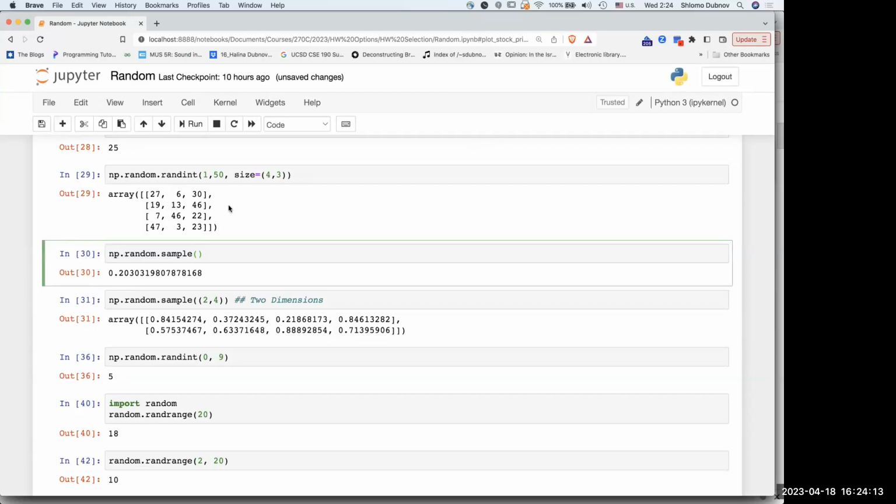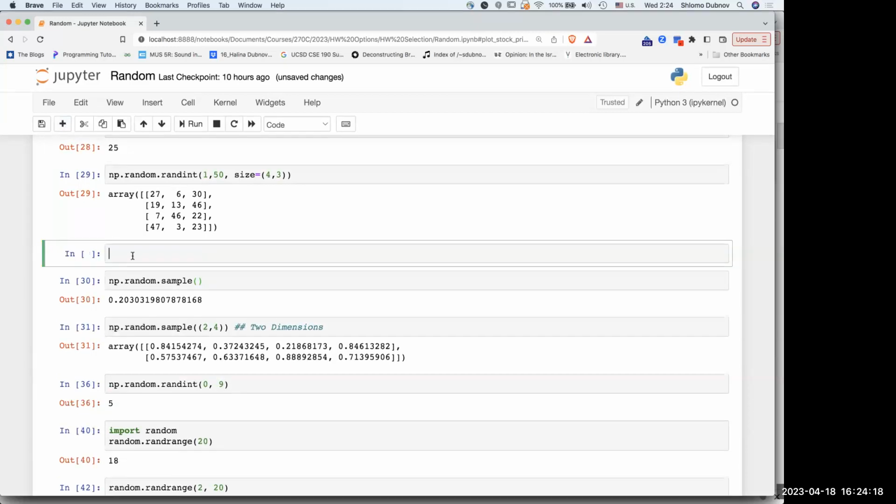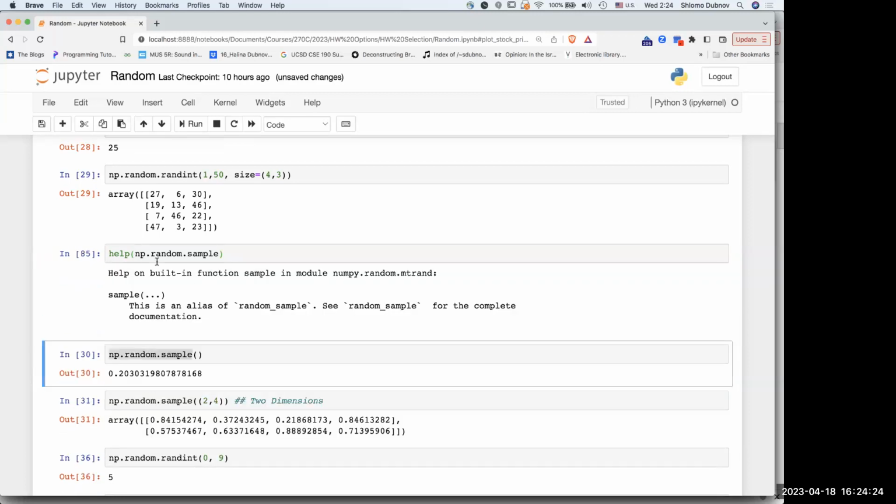Sample. Let's do the same trick again and make sure we know what's in the help, for random sample.